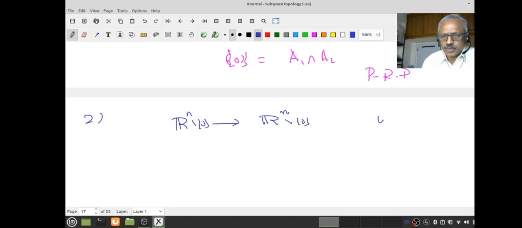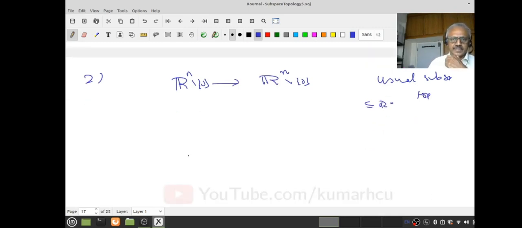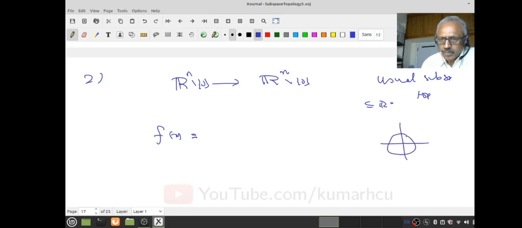This is the usual topology, usual subspace topology. These are all open sets in R^n. Now what I want to look at is the function f of x equal to, just one second, let me think. What do I want to do? I have an x. I want to map it here, and another map it here.